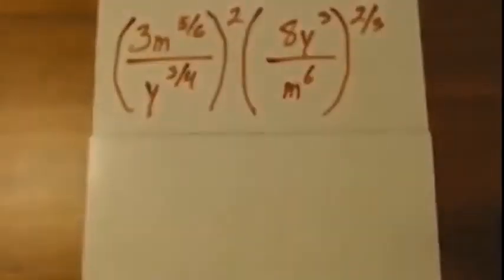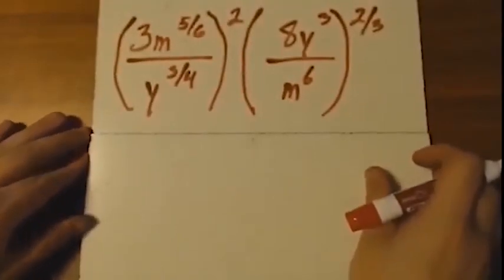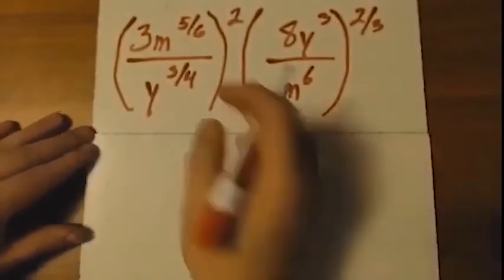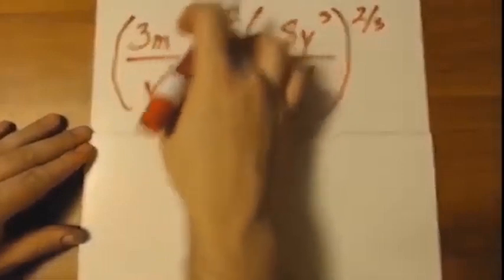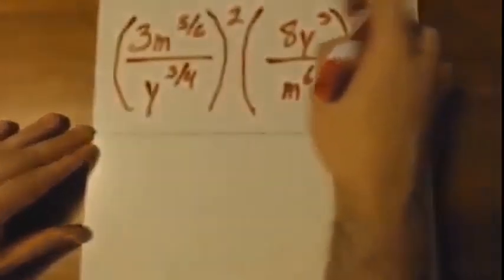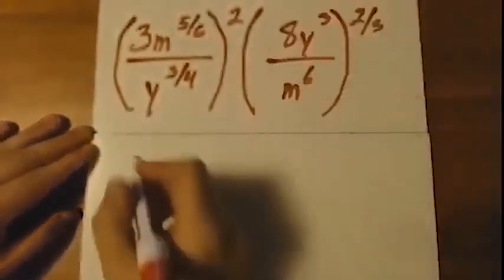Okay. So for this one, we're going to square all of these, and we're going to give the 2/3 power to all of these.